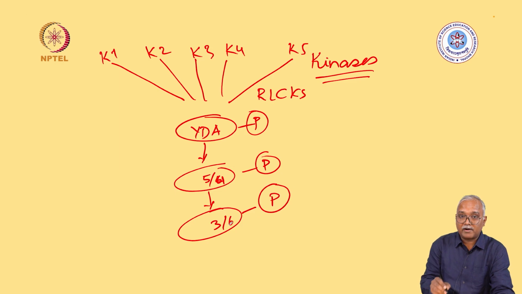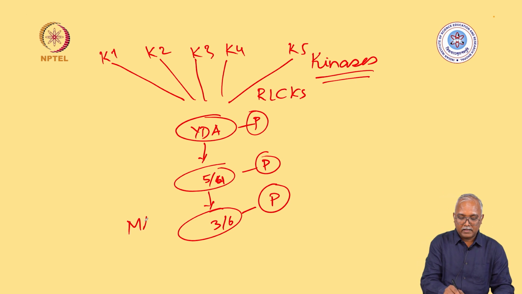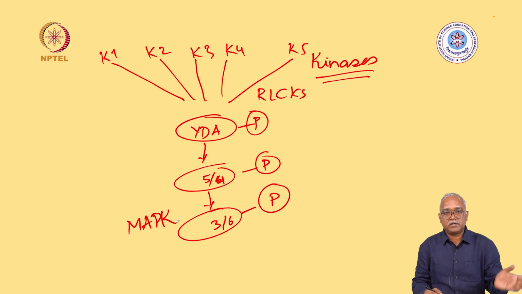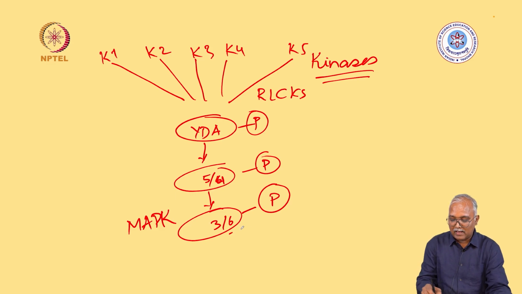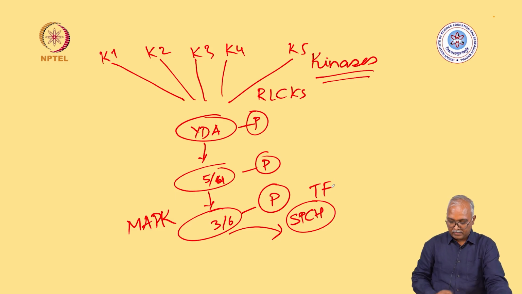And this phosphorylated final molecule, if you recollect from the previous class, I told you is not necessarily the actual effector. Sometimes it may enter the nucleus and perform the activity directly there, or it will activate a next molecule. We saw in one case SPEECHLESS, which is a transcription factor and is important for stomata development.